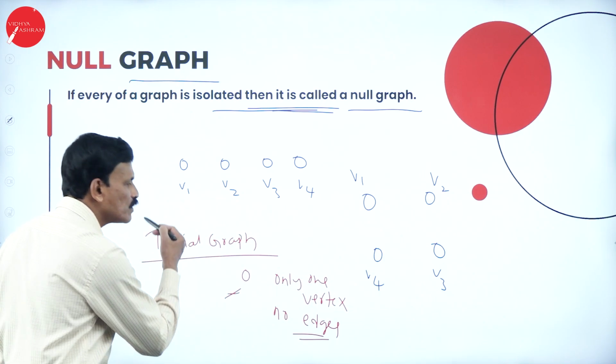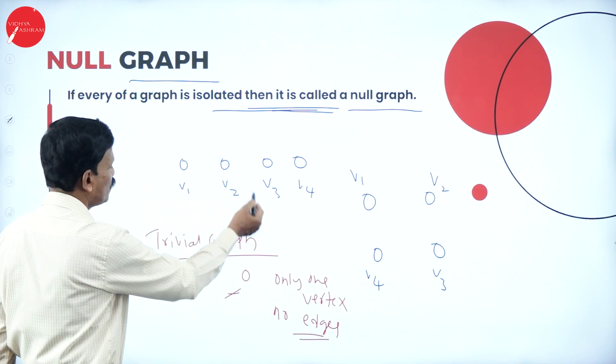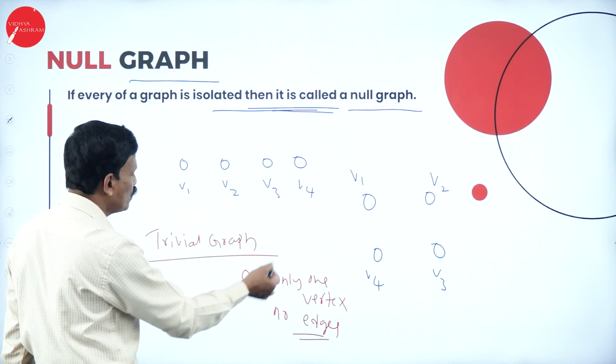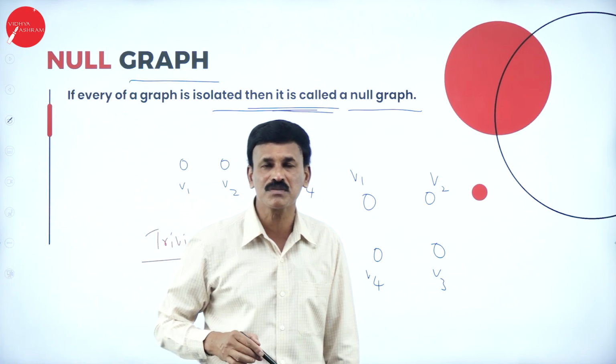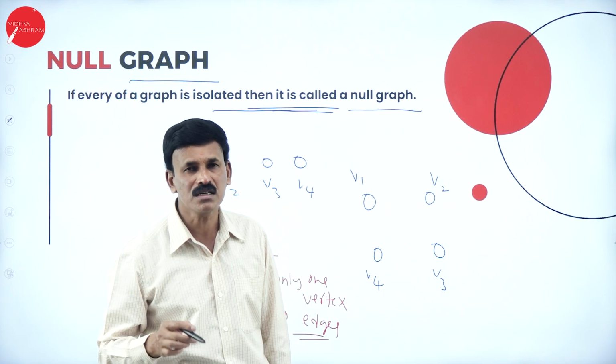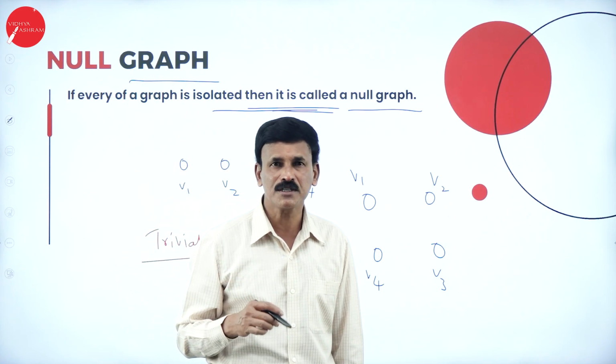So this is an example for a trivial graph. If a graph contains n number of vertices but no edges, it is called a null graph. This is the difference between the null graph and a trivial graph. Okay, hope you got an idea, right?